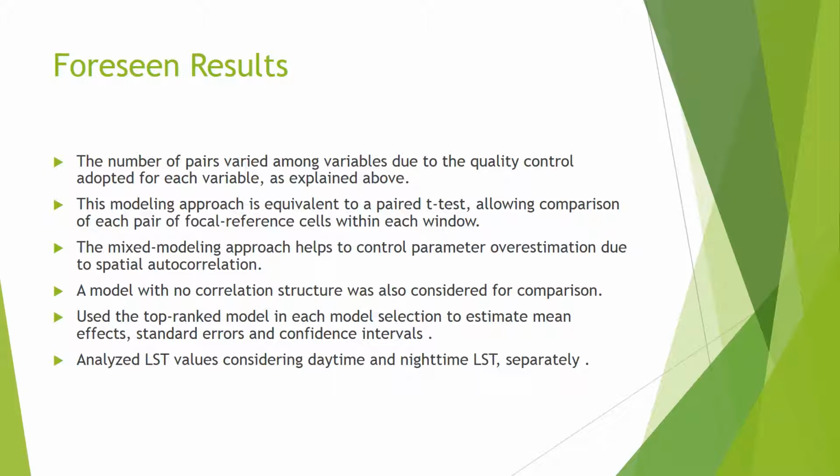It gives me a mixed modeling approach which gives parameter overestimation as well as some spatial autocorrelation. So my idea is to understand. In my report, I will be submitting all these details very conclusively, and make you understand it very well.